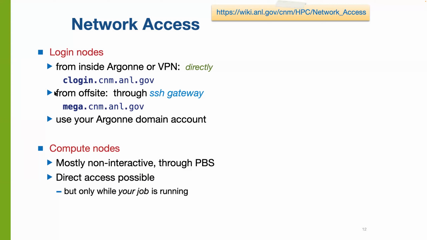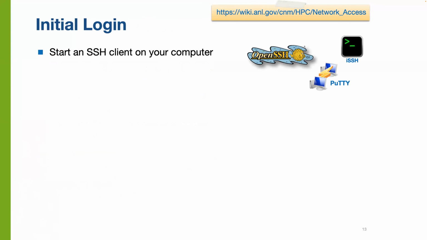So once you are on the login nodes, you can then compose your PBS jobs and submit them, and usually you'll get an email once the job is done. After that, you can inspect the results from the job.